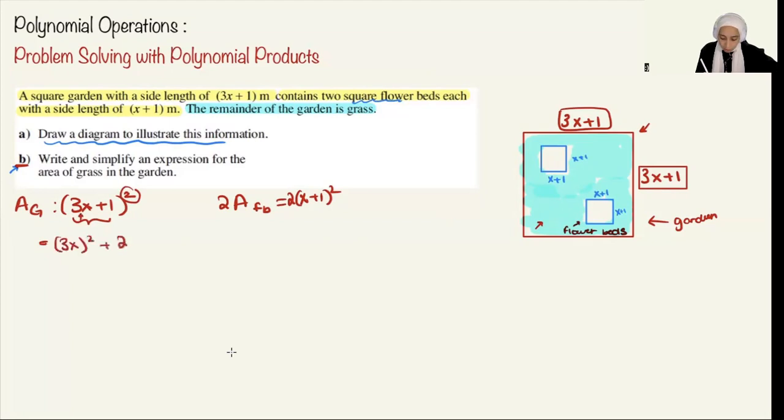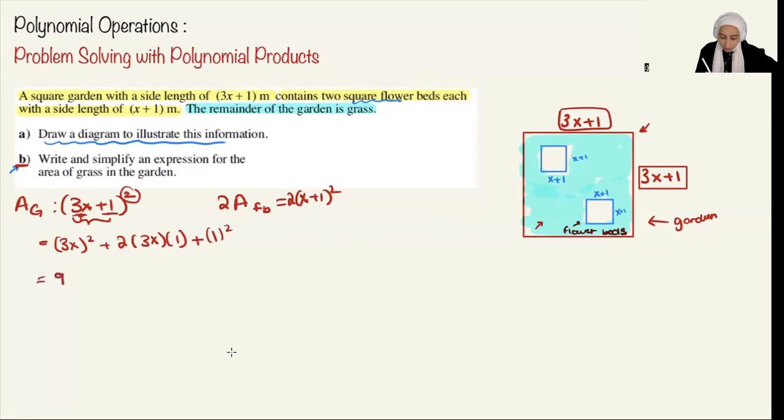The second term is 2 multiplied by both of these terms, so 2 multiplied by 3x multiplied by 1. And since it's addition, the last term is 1 all squared. All right, so let's simplify this.